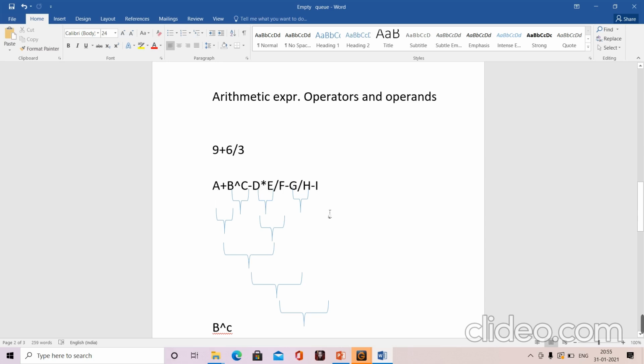And then the seventh one will be from the sixth result to G minus G divided by H, and then eighth will be from the result of this with the I.